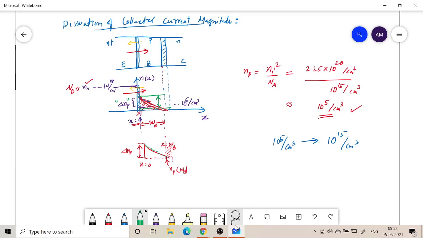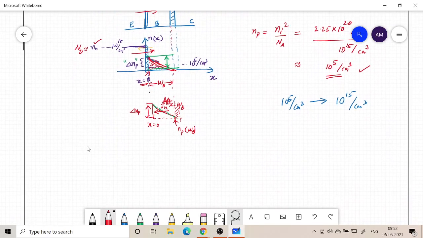Okay, so we will replace it with a straight line, and now if you replace it with a straight line, then we can immediately find out what is going to be the diffusion current. The current will be like this. This is Jn diffusion, but the electrons are going to flow in the opposite direction because of the negative charge. The current is going to be from right to left.